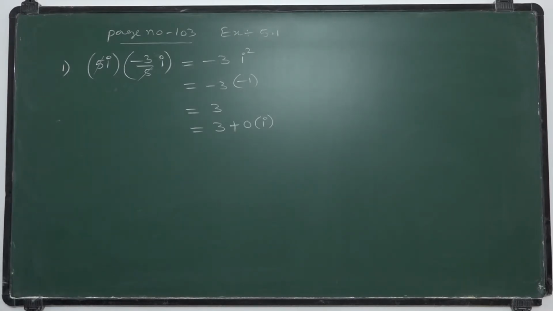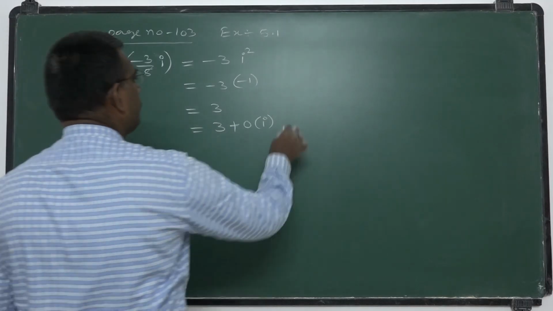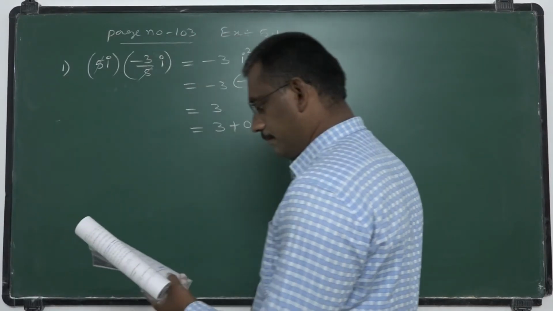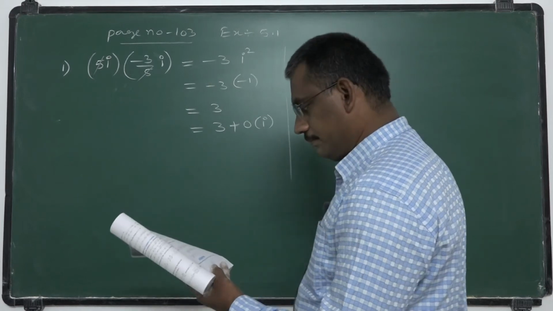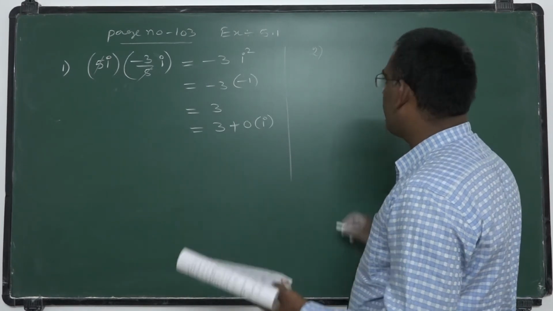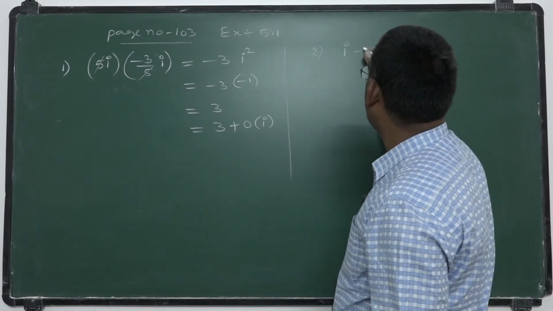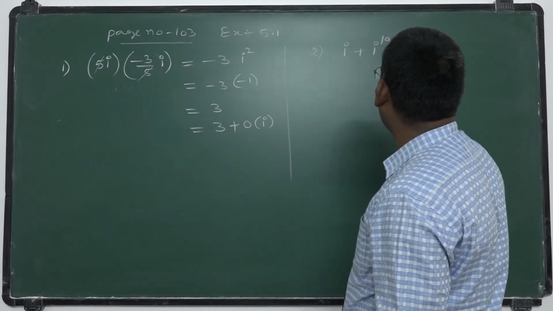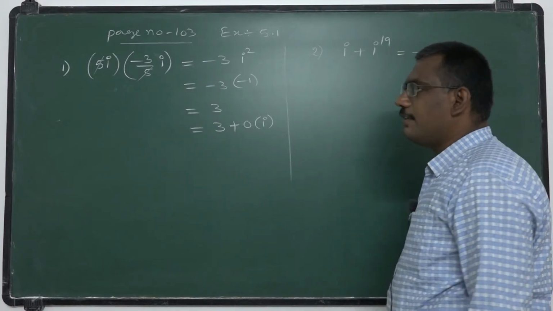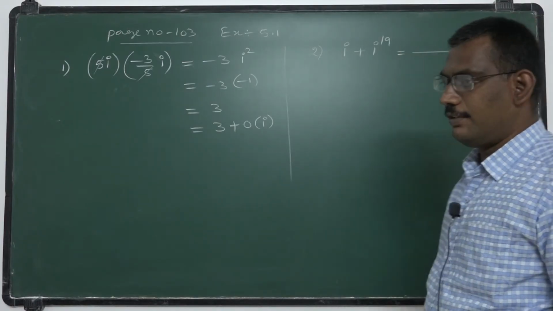Next, second problem. i plus i power 19. Now we express this complex number in the form a plus ib.